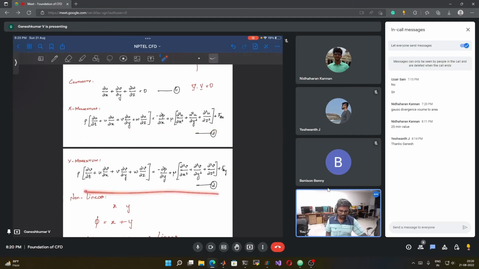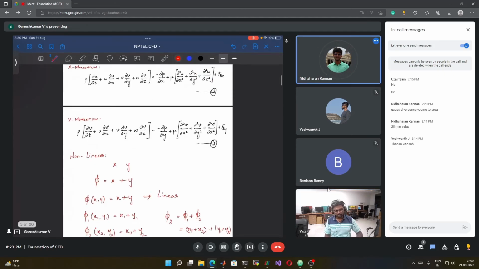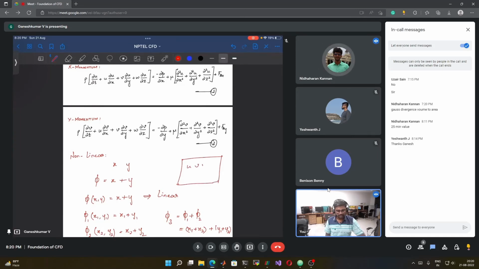So now these equations are complex, right? What we do is we need to find the solution, and we have some domain. Inside that we need to find the solution. Let's say this is some square or cuboid domain. Here you need to find velocity and pressure, right?